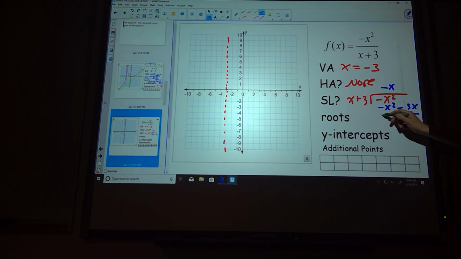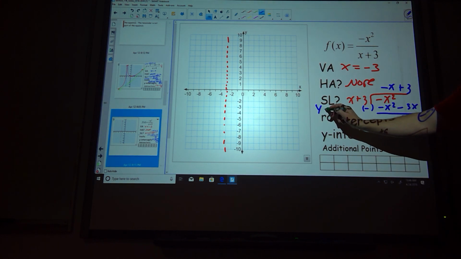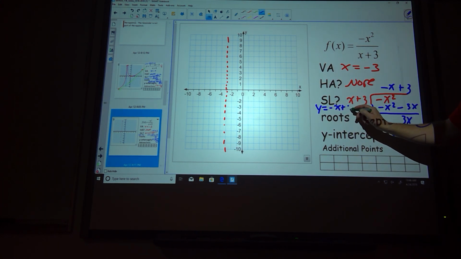If I subtract that, that becomes plus, so that's gone. That becomes 3x. Then what do I have to multiply times x to get to 3? That would be positive 3. So I get 3x plus 9. If I subtract these, I'm going to just get negative 9. I ignore the negative 9. So my slant asymptote is y equals negative x plus 3.